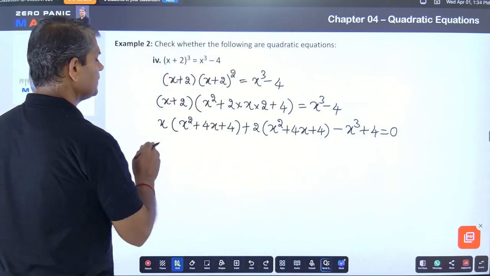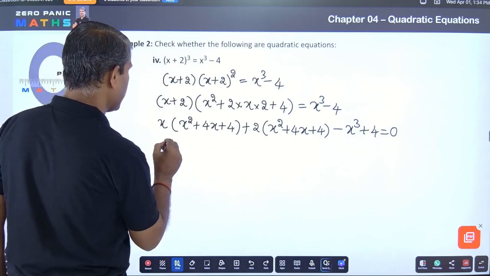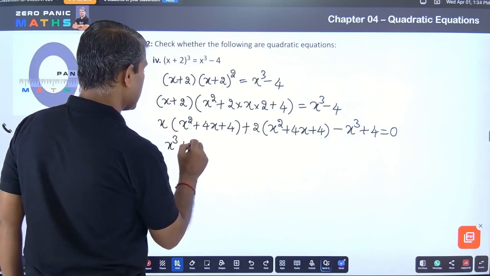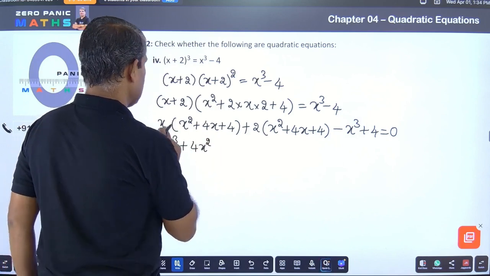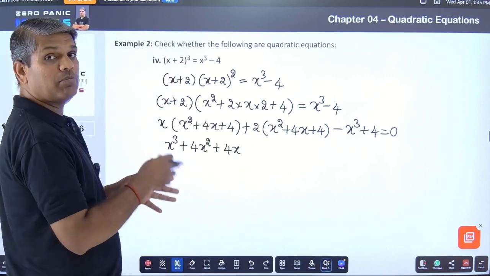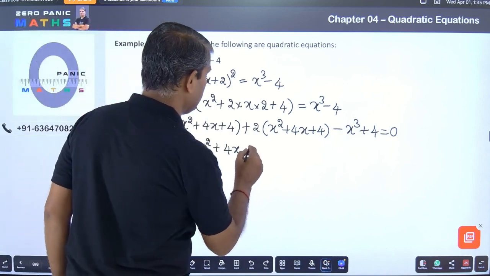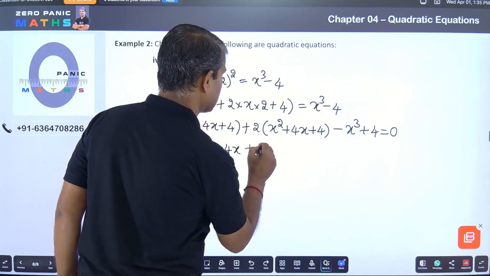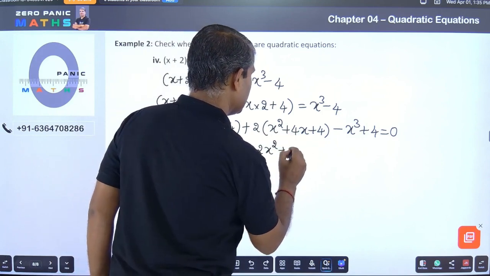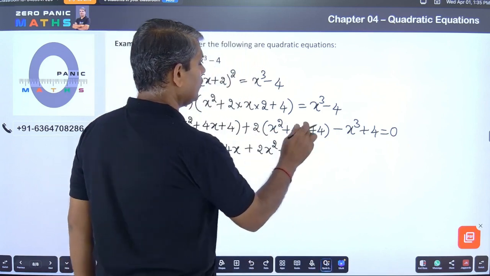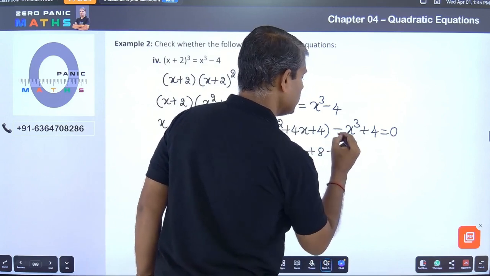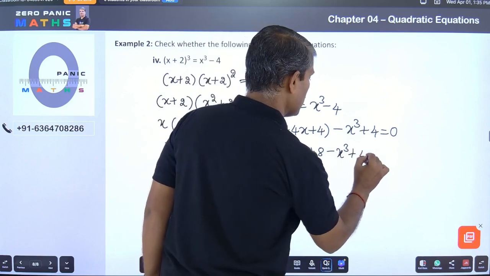Now let us multiply this. x into x square is x cube, x into 4x is 4x square, x into 4 is 4x. See, you are going to get multiple x cube, x square and x terms here. Be careful while multiplying. 2 into x square is 2x square. 2 into 4x is 8x. 2 into 4 is plus 8, minus x cube, plus 4.